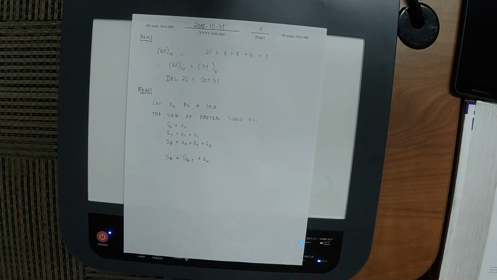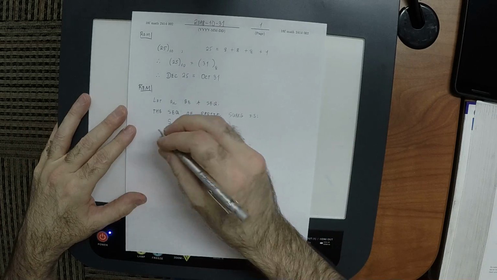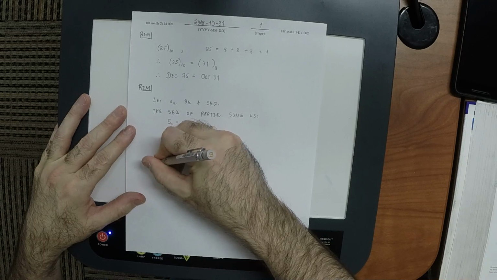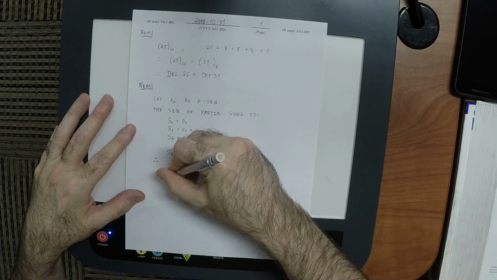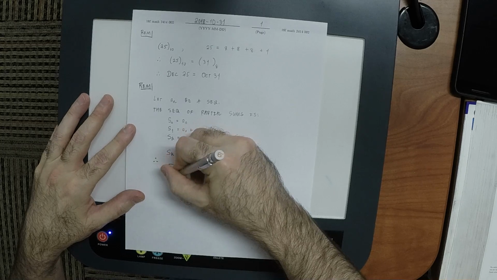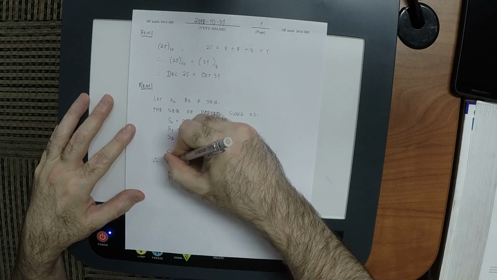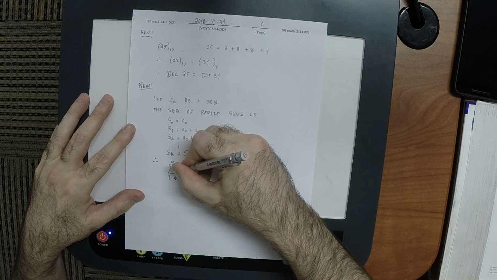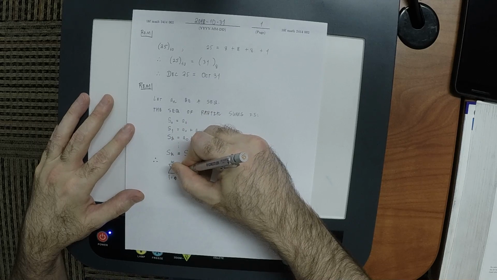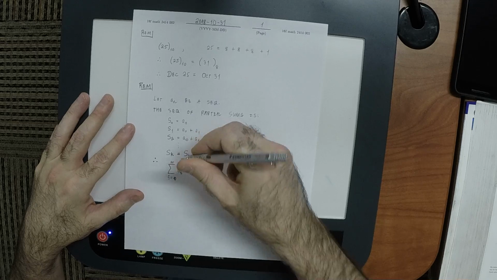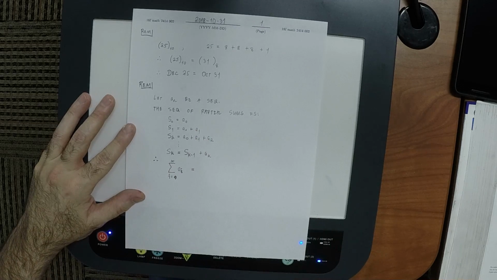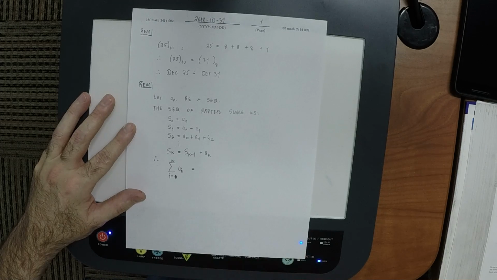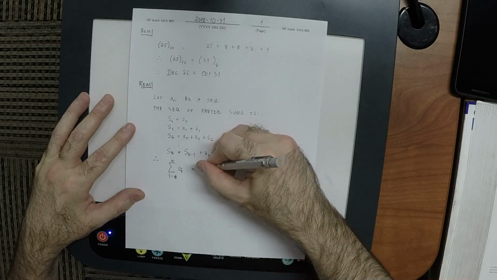Okay? So then we can say that the sum from i equals 0 to infinity of a_i. My brain is having a hiccup there. So if we want to compute the series, we can view it like this.